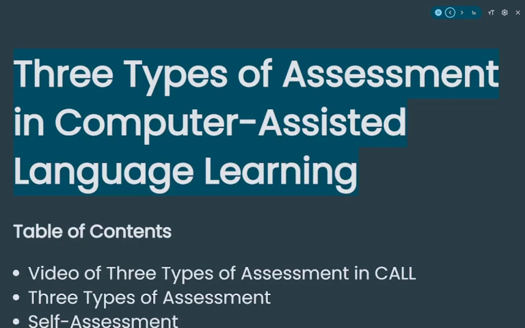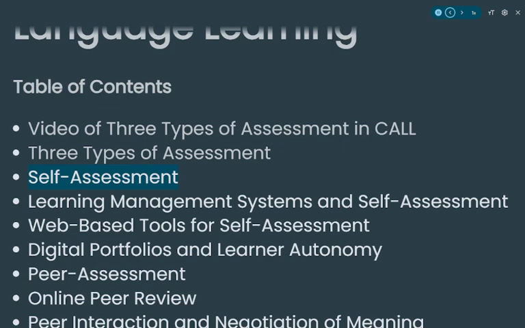3 types of assessment in computer-assisted language learning. Table of contents. Video of 3 types of assessment in CAL. 3 types of assessment: self-assessment. Learning management systems and self-assessment. Web-based tools for self-assessment. Digital portfolios and learner autonomy. Peer assessment. Online peer review.